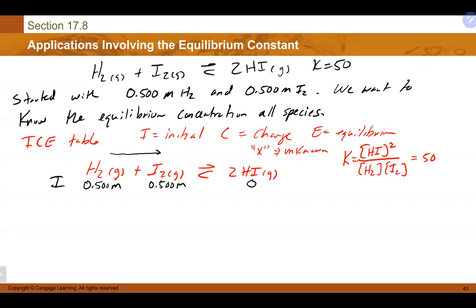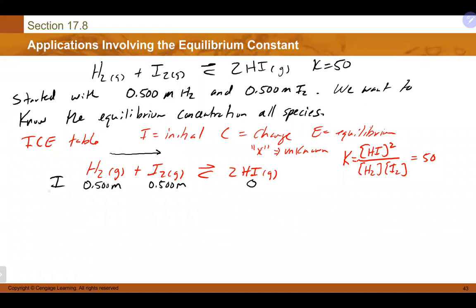That's important because as it heads in the direction to the right, the amount of reactants should start to decrease to make our products, and our products should start to increase. In an ICE table, the way we represent something decreasing and something increasing is that anything decreasing has a minus, and anything increasing has a plus sign with it.